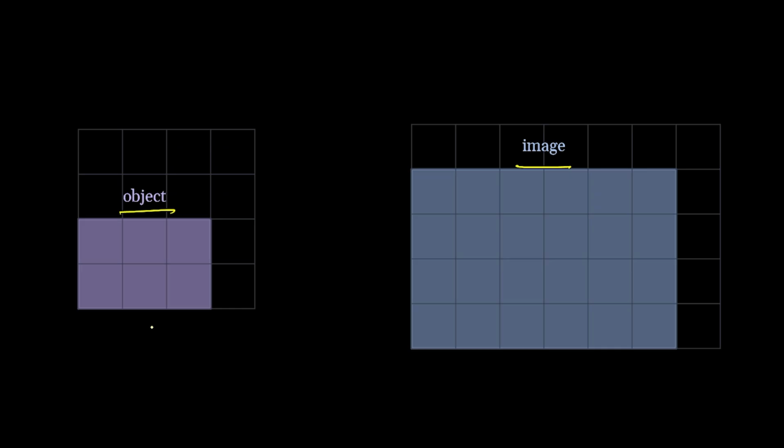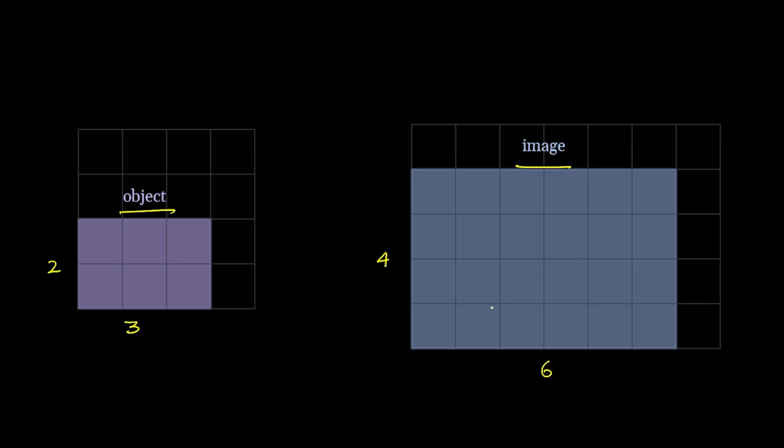Look carefully. Here, the object is 3 squares wide and 2 squares tall, while the image is 6 squares wide and 4 squares tall.